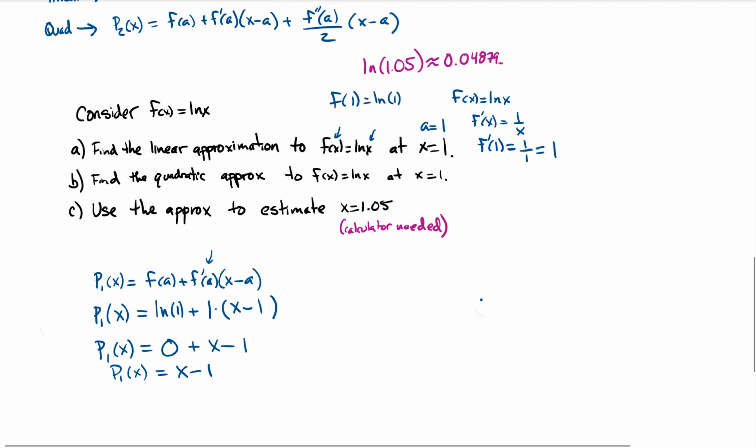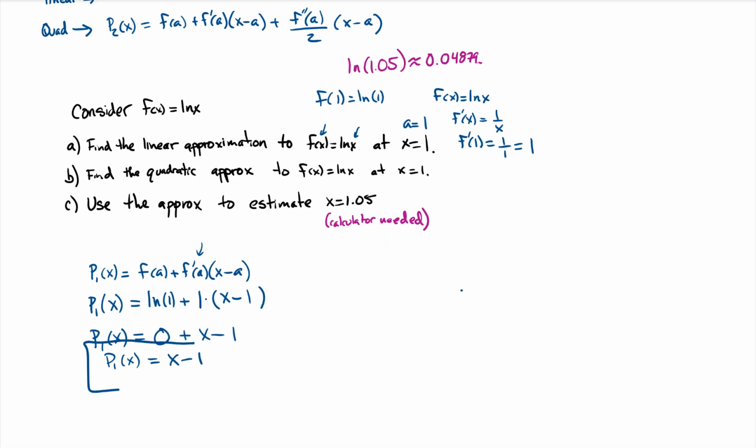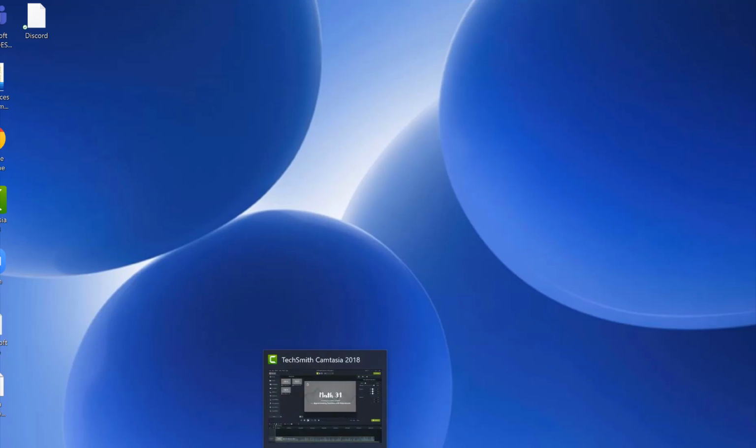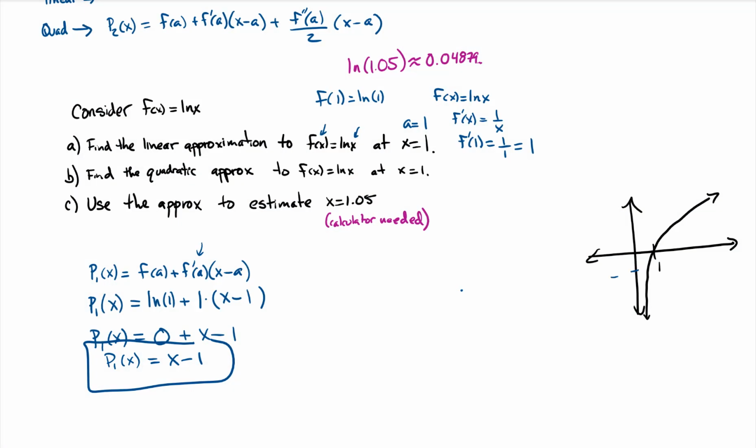You're like, what? How is that a good approximation? What's going on here? Well, we have the natural log of x. We all know what the natural log of x looks like, don't we? I'll leave that in black. It comes up like this, takes off, like a 0, 1. And then we're saying that the line x minus 1, which has an x-intercept, would be a pretty decent approximation.